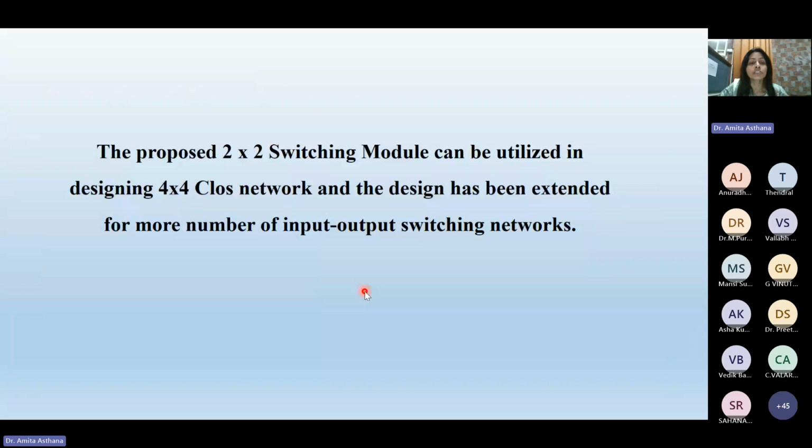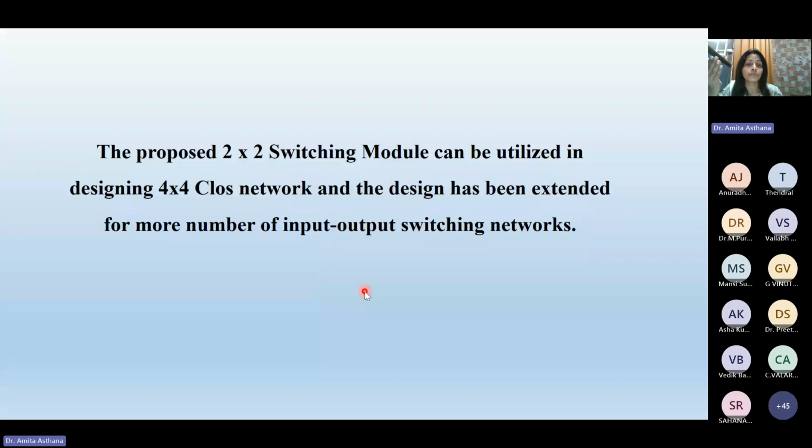Here, the proposed 2x2 switching module can now be utilized for designing the 4x4 Clos network, and the design can be extended for a larger number of input-output switching networks. From this particular 2x2 switching module, we will extend the design up to the 4x4 Clos network.